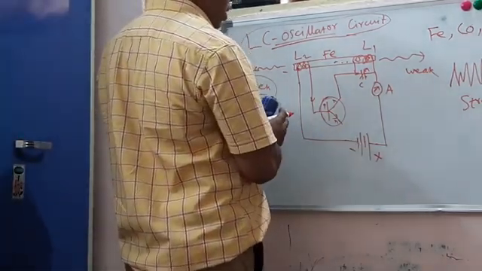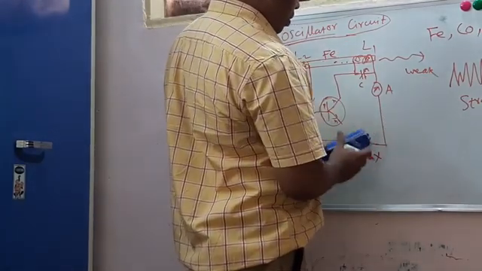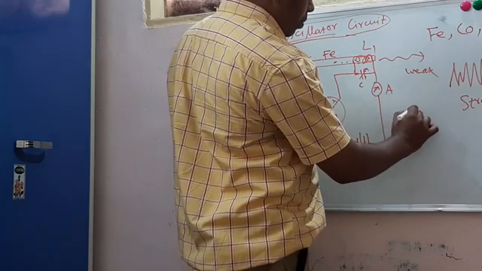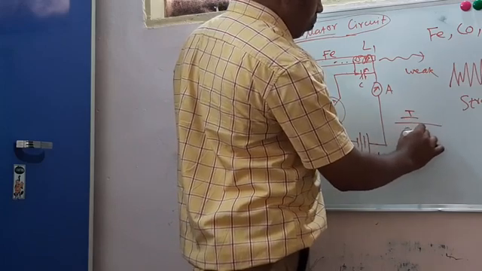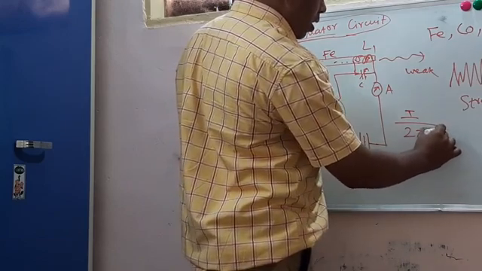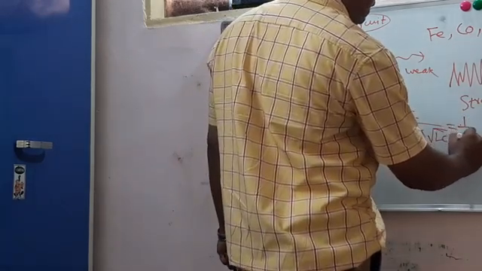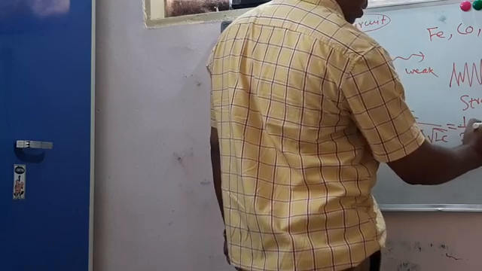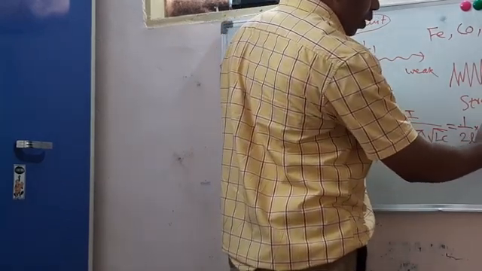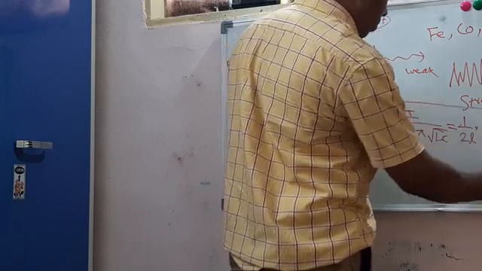So there is a formula. So the formula is f = 1/2L into square root of Y/rho, where rho is the density.